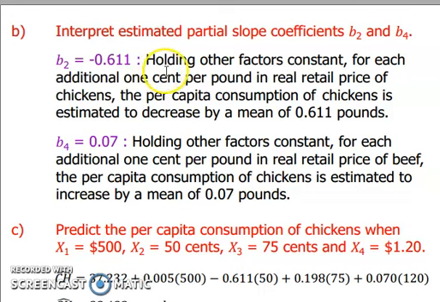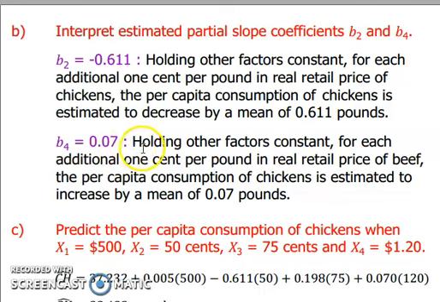So meaning that holding other factors constant, or does not change, for each additional 1 cent per pound in real retail price of chicken, the per capita consumption of chicken is estimated to decrease by a mean of 0.611 pounds. B4 equals 0.07.